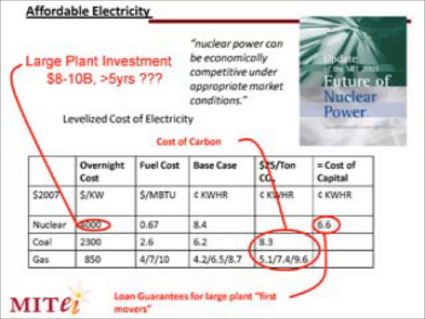One is even a modest cost on CO2 emissions, like $25 a ton, changes the game quite substantially. And secondly, the last column is the reduction from 8.4 to 6.6 cents that one would have if the risk financing premium that we include in our base case were eliminated.